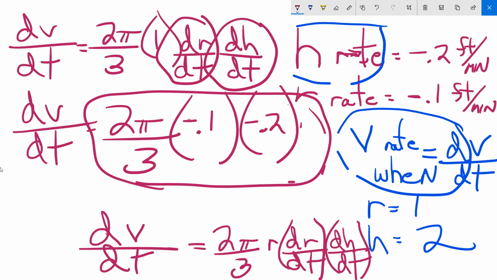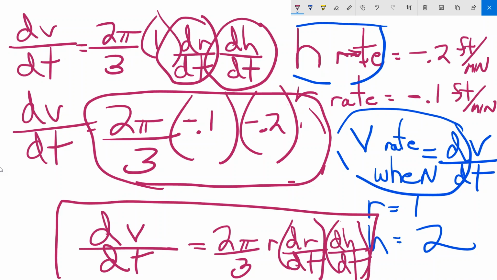Was that the proper place? Once we have this equation down here, then you plug in the r and the h. We don't have an h anymore, and I think that may be where my problem is, because h is actually a function of r.